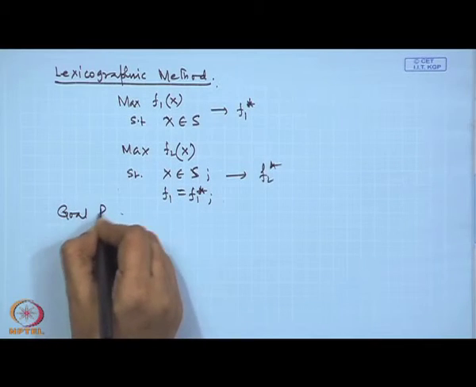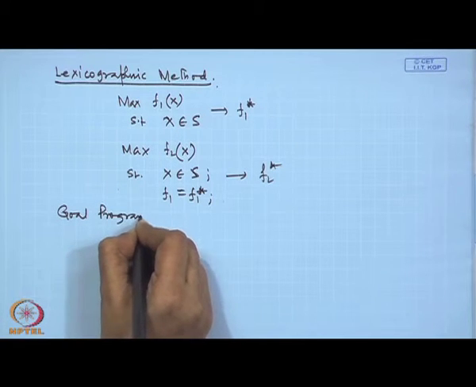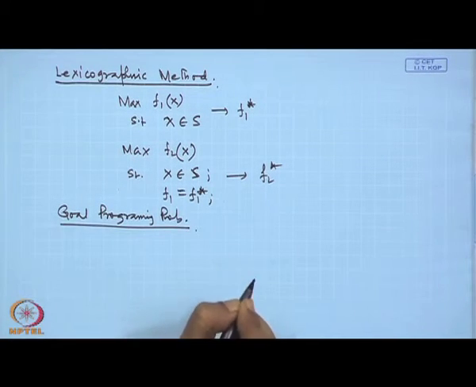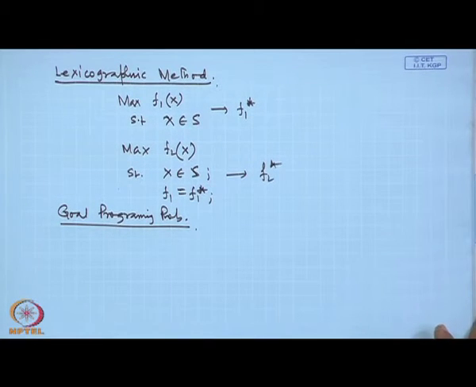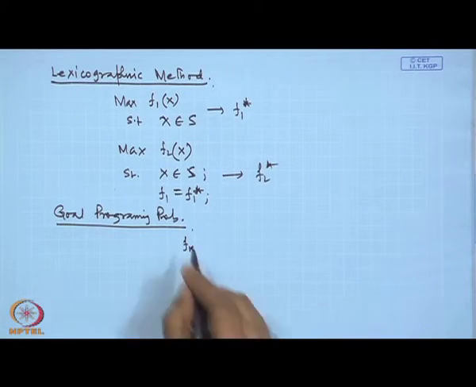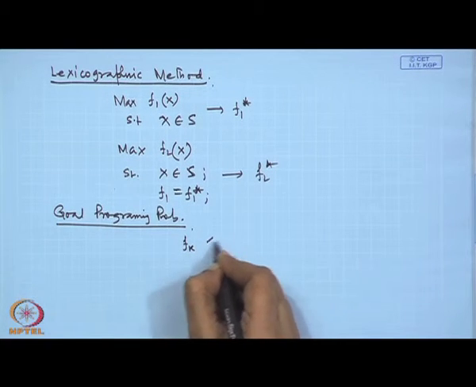There is another popular method available for solving the multi-criteria decision making problem, called the goal programming technique. It also falls under the second category. Here we need information about the goal, that is the aspiration, for each objective function. Say we have the kth objective function, and its goal is bk.